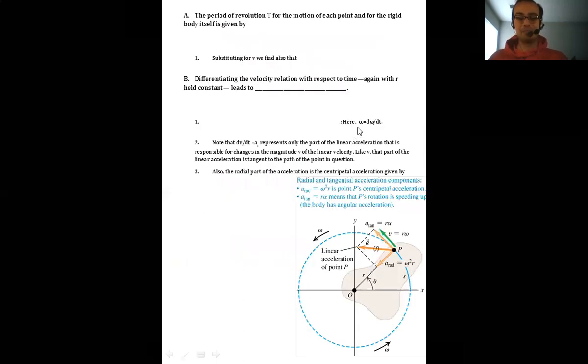All right. So let's, again, try to put this all together. If we're talking about the period of revolution, T, so how much time does it take to complete one revolution of the circle?